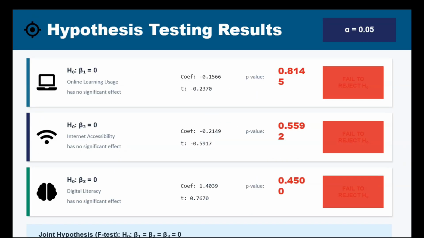But the issue is this one, the issue is online. It's the p-value of one variable to affect my Y. E-learning is not significant. The internet and digital literacy are not significant to affect my Y.